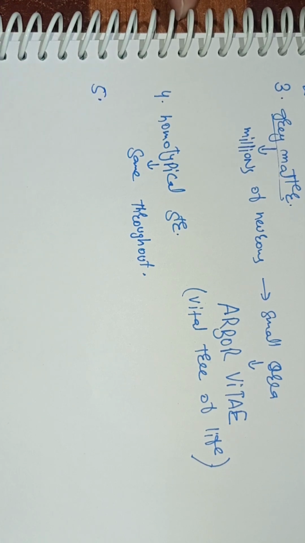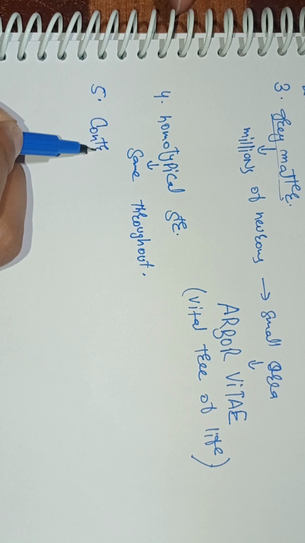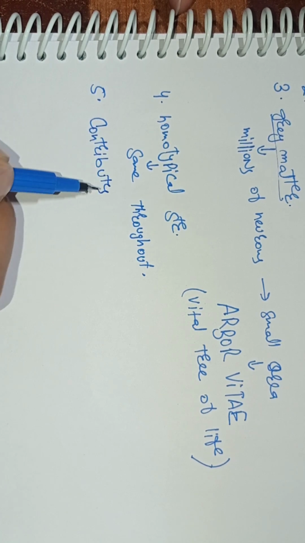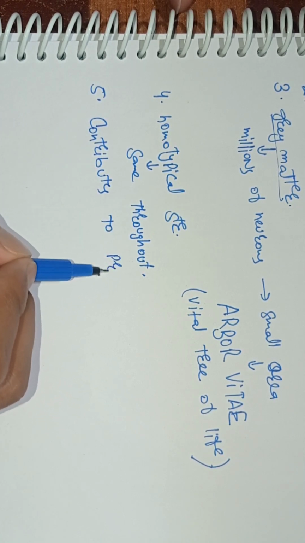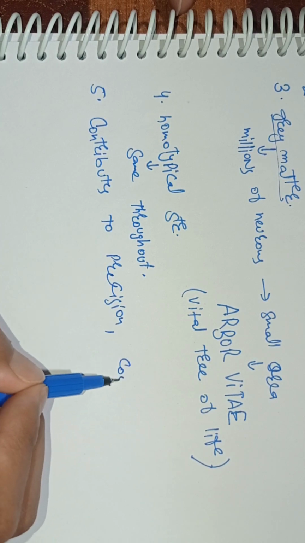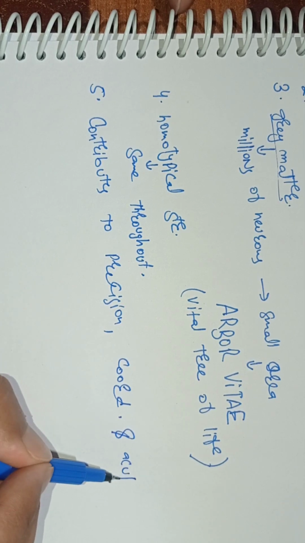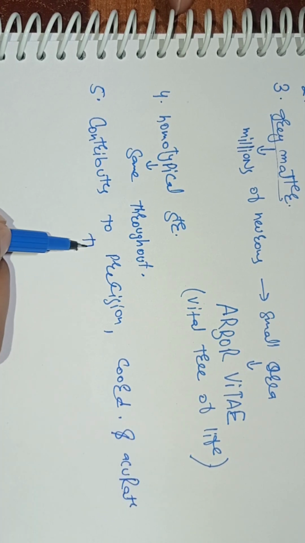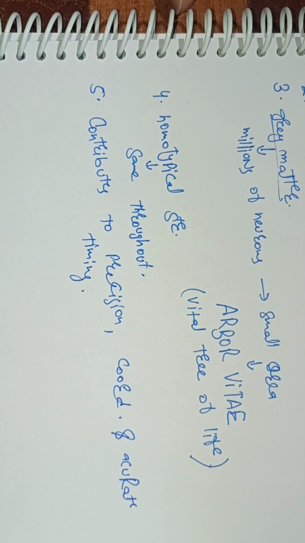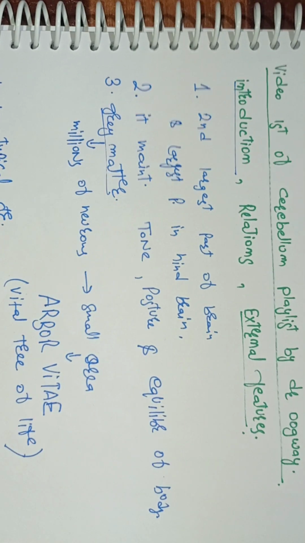Number fifth point that we will study here is it also contributes to precision, it contributes to coordination, and it contributes to accurate timing. These are the 5 points in the introduction of the cerebellum.